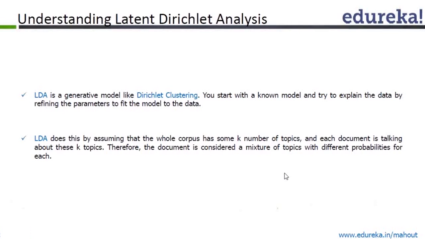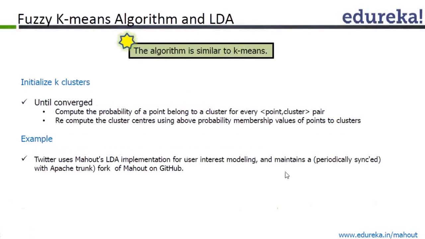So say topic 1 and document 1, the probability could be somewhere around 0.9. Topic 2 and document 1, the probability could be 0.2. So based on this probability, whichever has the highest probability, we can determine that this particular document belongs to that specific topic.